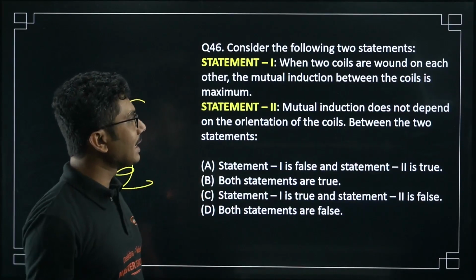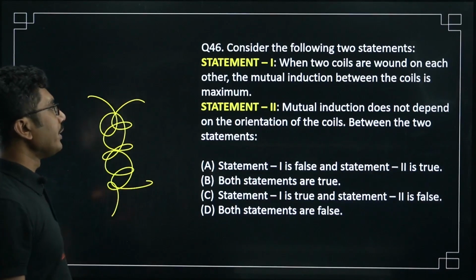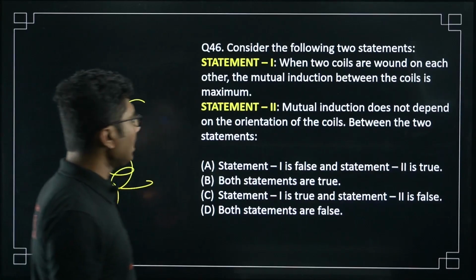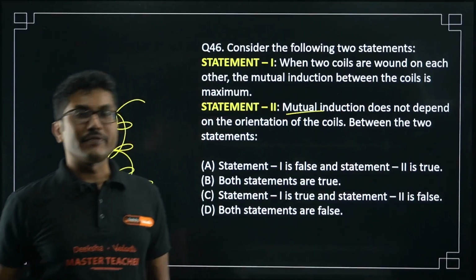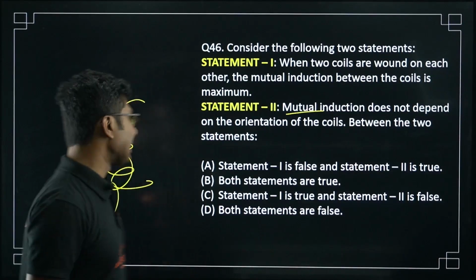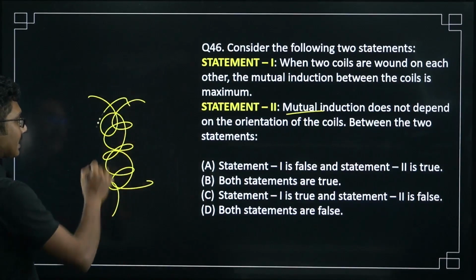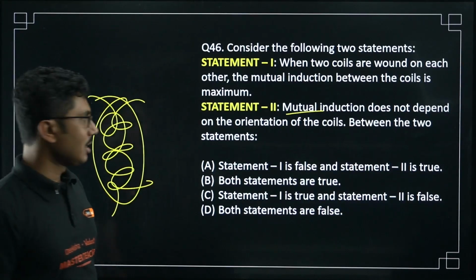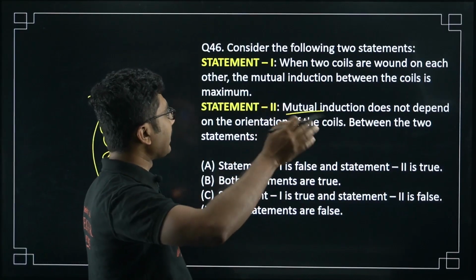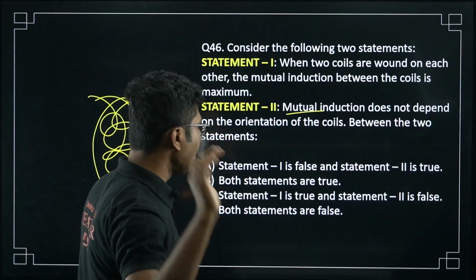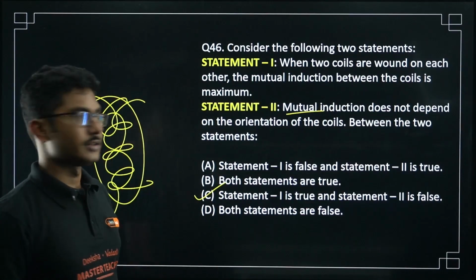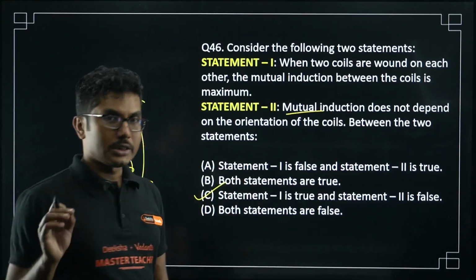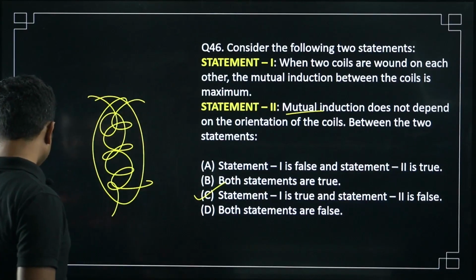Statement 2: mutual induction does not depend on the orientation of the coils. Now mutual induction definitely depends on the orientation. That is why mutual induction is maximum when they are wound one over another. So statement 1 is true, statement 2 is false. Mutual induction does depend on the orientation.